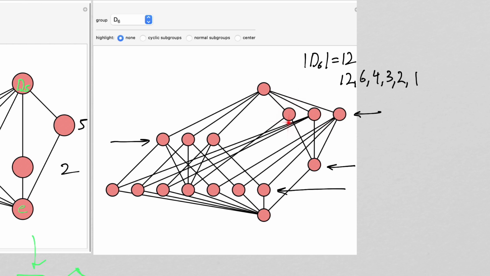These subgroups of order 6 can only have subgroups of order 2 or 3. And indeed, the one group of order 3 is a subgroup of all of the subgroups of order 6, and various groups of order 2 are subgroups of these. What's interesting is you don't see here any case where there's a group of order 2 that's a direct subgroup of the larger group.